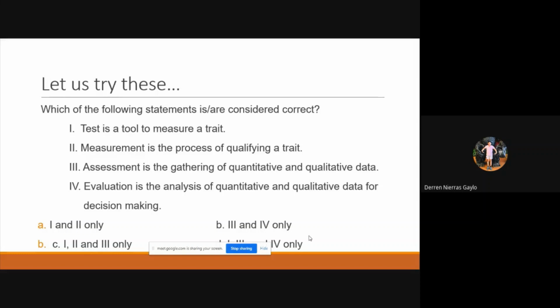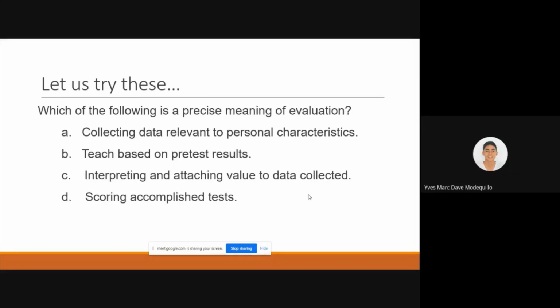Number 4, evaluation is the analysis of the quantity and quality data for decision making. It's also correct. So the only wrong one is number 2. So the answer is letter D, 1, 3, and 4.